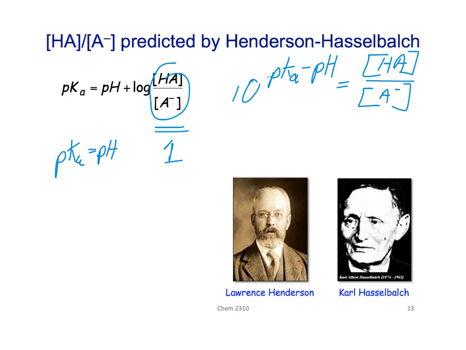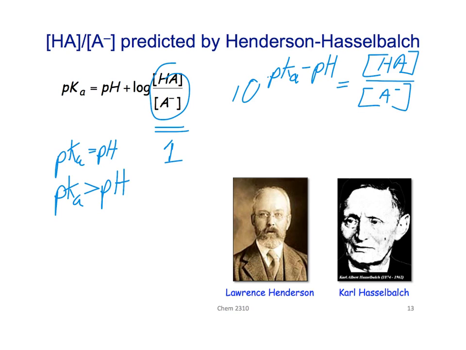All right, what happens if the pKa is greater than the pH, or we can say it the other way around, the pH is less than the pKa. Okay, what's going to happen to this ratio? Right, so if pKa is greater, we're going to have 10 to a positive exponent, which means that the ratio is going to be greater than 1.